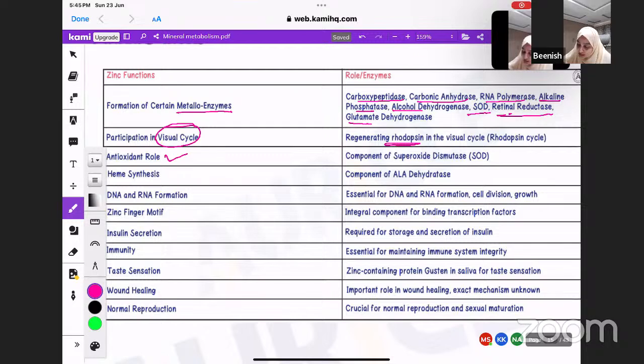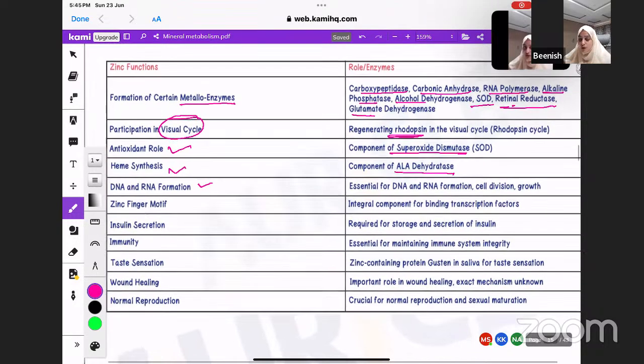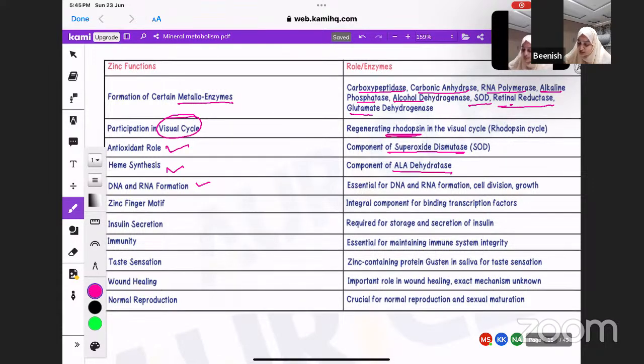We've already discussed how it was involved in regenerating rhodopsin because it was part of retinol reductase. Then its antioxidant role because it is a component of superoxide dismutase, heme synthesis because it is a component of aldehyde, RNA and DNA formation because it is a component of RNA and DNA polymerase, zinc finger motifs of transcription factors binding to DNA, and insulin secretion, so it is required for storage and secretion of insulin.